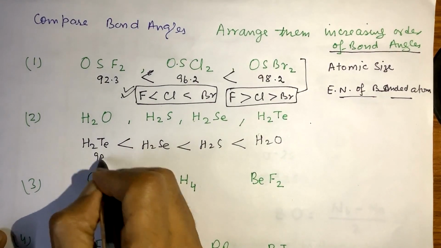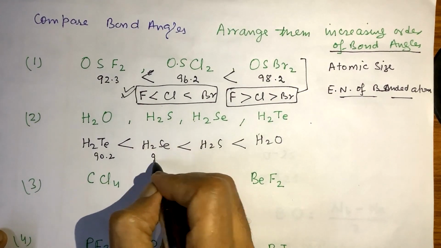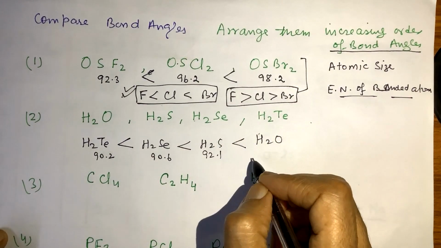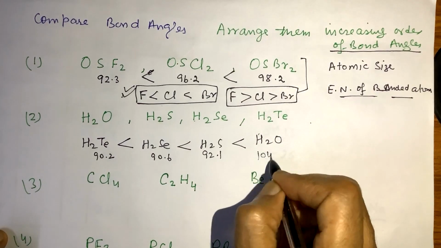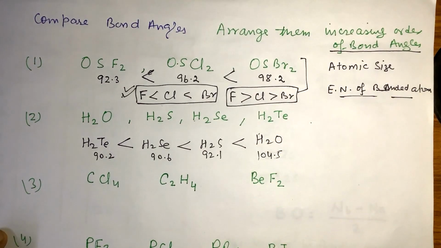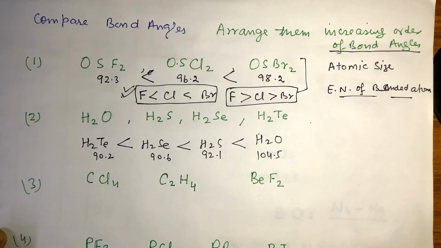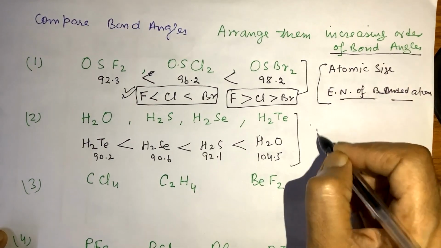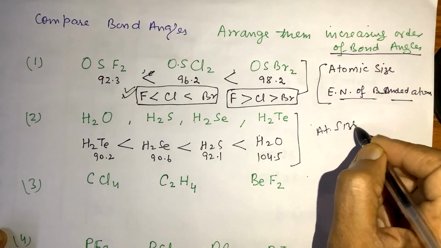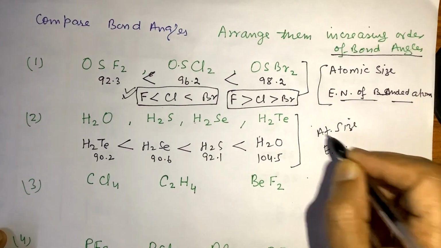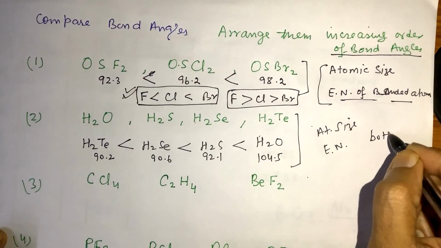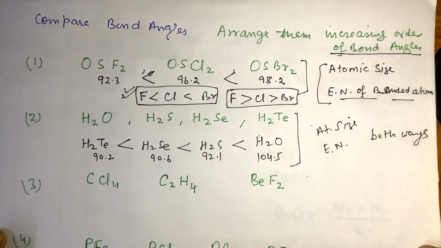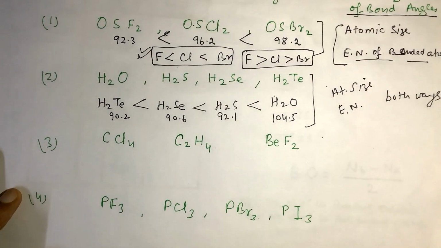Here it is 90.2 degrees, here 90.6, then 92.1 and 104.5. So the principle is again atomic size and electronegativity. By both ways we get this trend in the bond angle of these molecules.